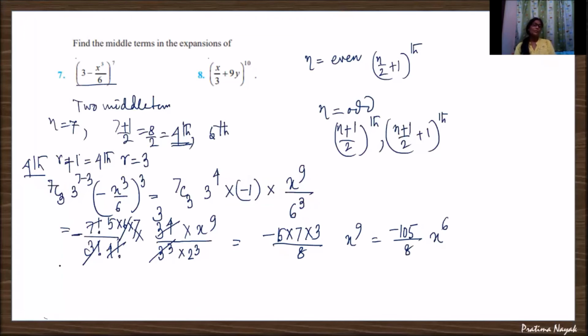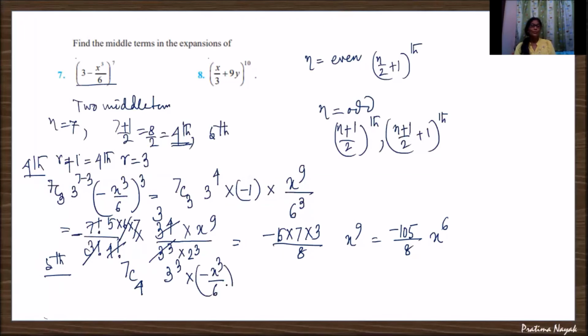Now coming to the second middle term. The second middle term is the fifth term. So how much will it be? It will be 7c4 into 3 to the power 3 into minus x cube by 6 to the power 4.